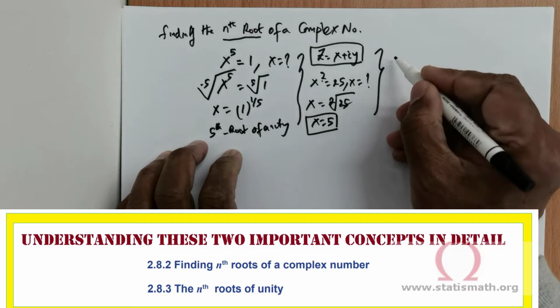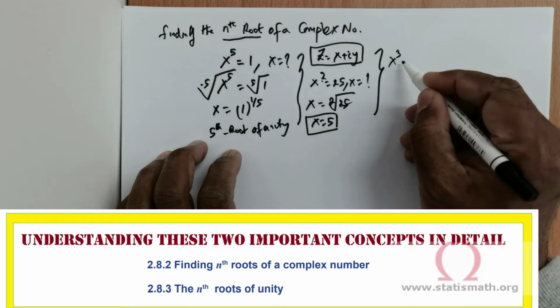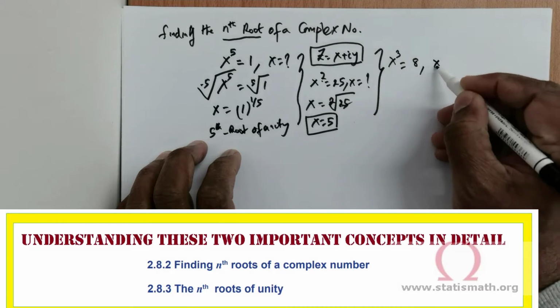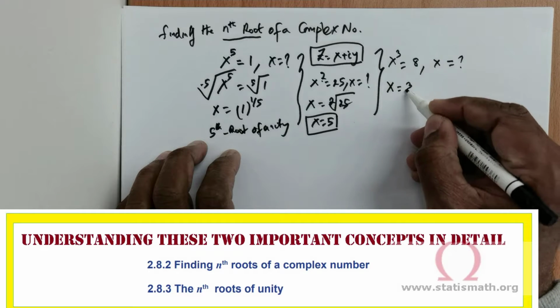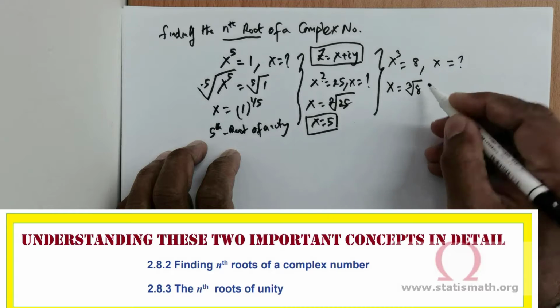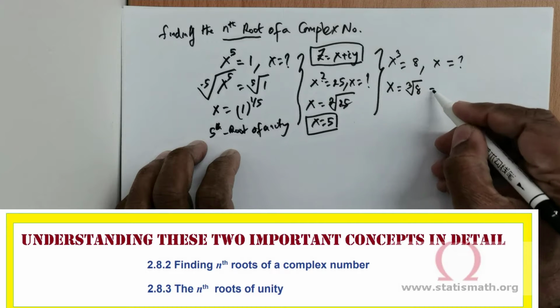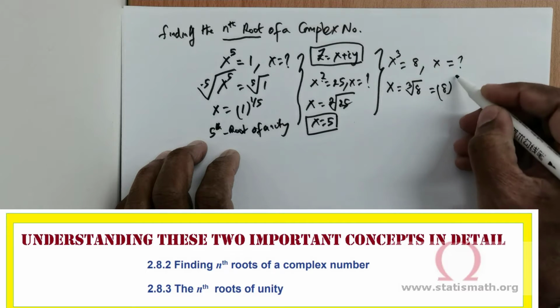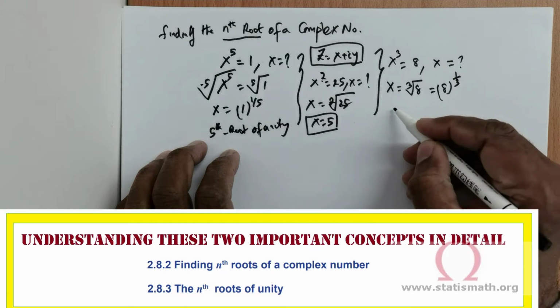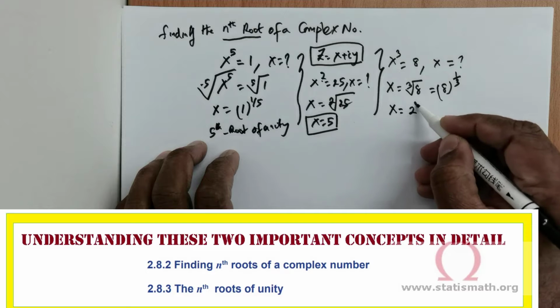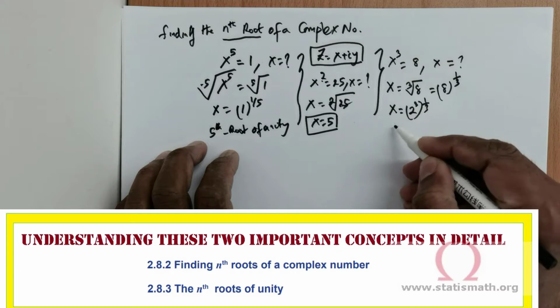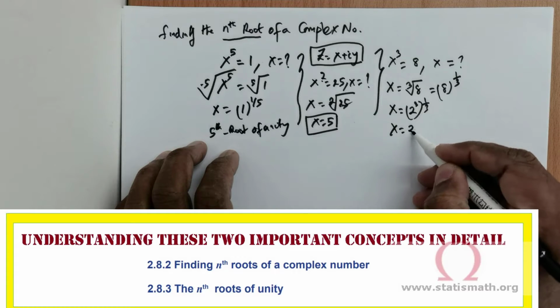Now, if you are given x to the power 3 is equal to 8, and asked to find x, then you are taking the third root of the number 8. That can be written as 8 raised to the power 1 over 3, which is rewritten as 2 cubed raised to the power 1 over 3, giving x is equal to 2.